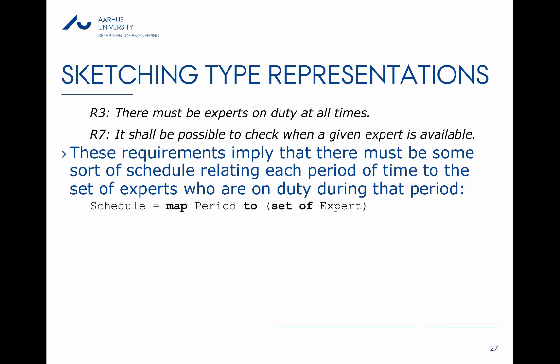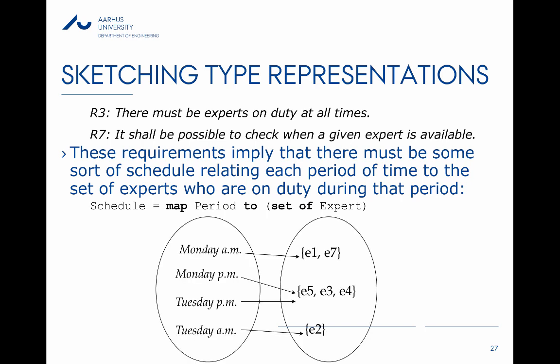So I have modeled it like this. The schedule is a map from period to a set of experts. So it means that there must be experts on duty at all times. So we have a mapping from the period to the experts that are on duty at that point of time.